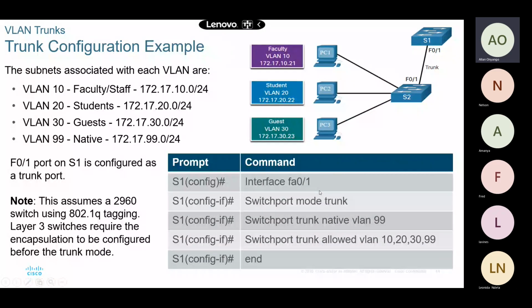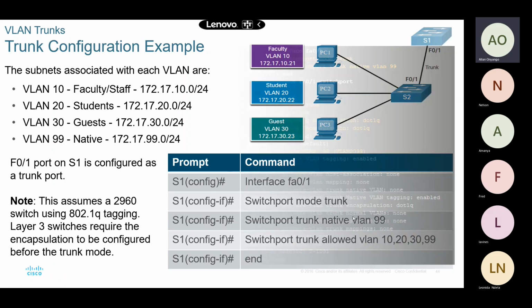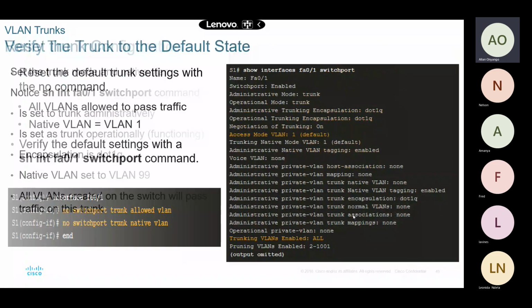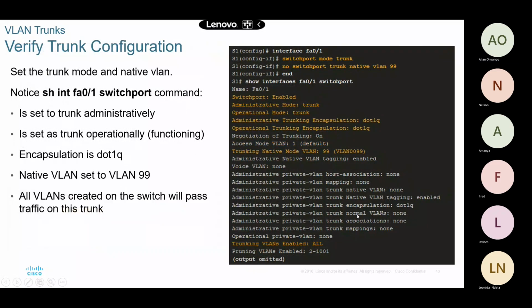Now, we have an example here: switchport mode trunk, switchport trunk native VLAN 99, switchport trunk allowed VLAN, and we separate them with commas. There are also commands like show interfaces Fa0/1 switchport that will display the switch information, VLAN information, and the trunk information.